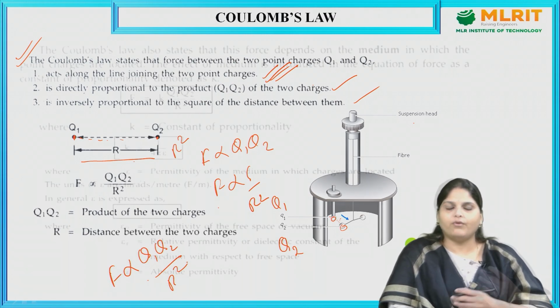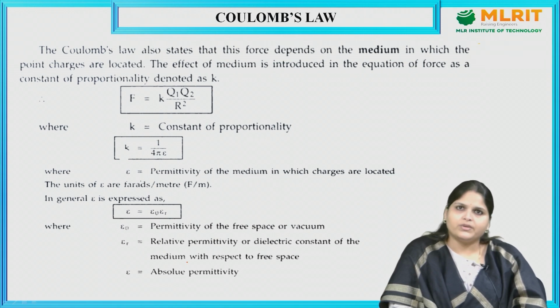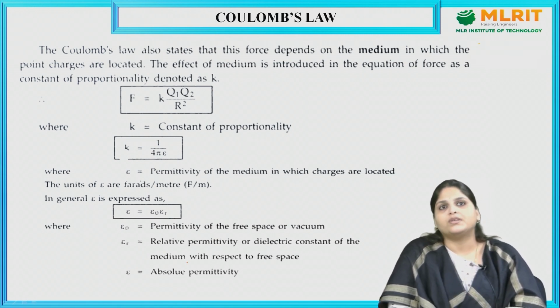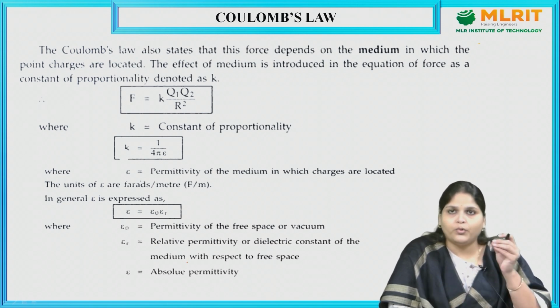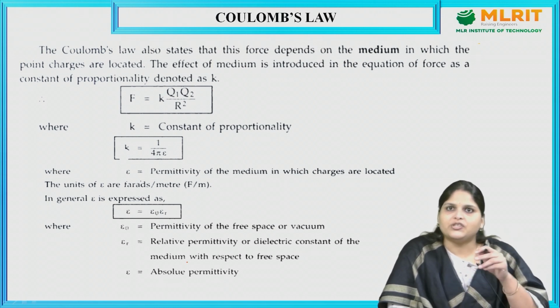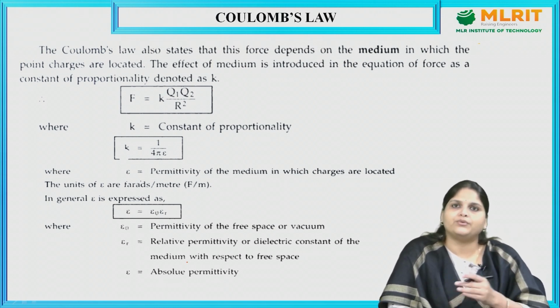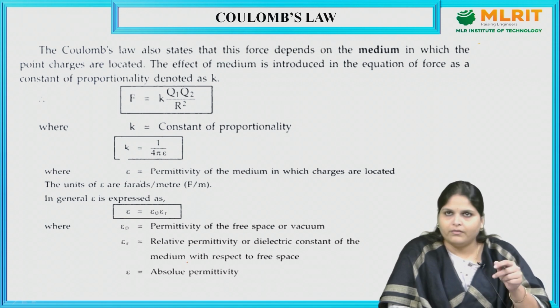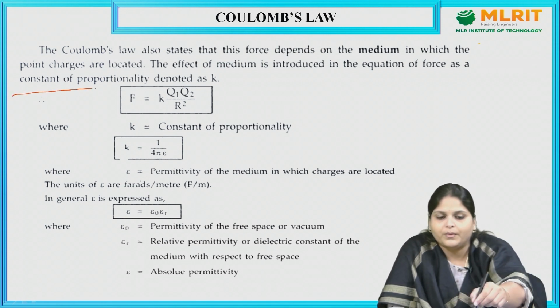That is the force. Coulomb's law also states that the force between these two point charges depends on the medium in which the point charges are located, and the effect of the medium is introduced in this equation as a constant of proportionality.